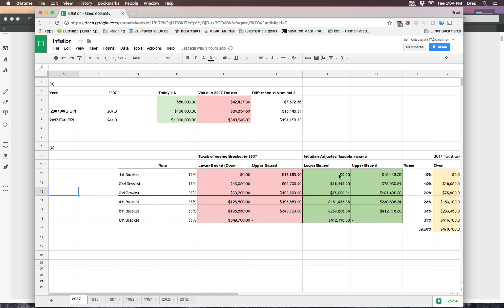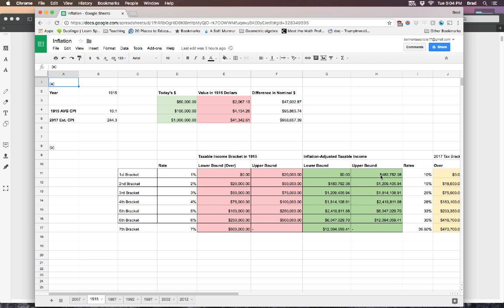Now, that's going to differ drastically from 1915, where we had 7 tax brackets with rates from 1 to 7%, and the brackets broke down in here. Well, now the 1% range went from, in inflation-adjusted taxable income, so in 2017 dollars, 0 to almost $500,000.